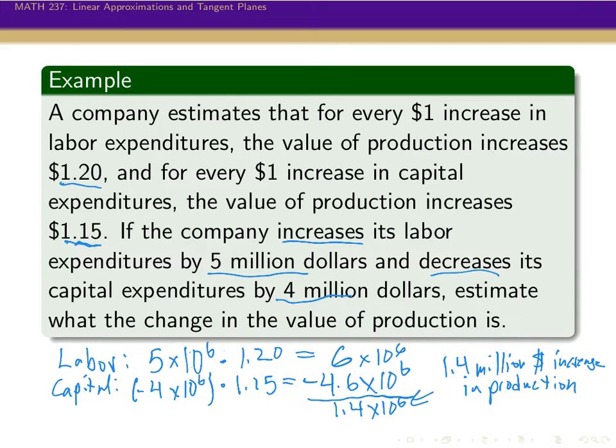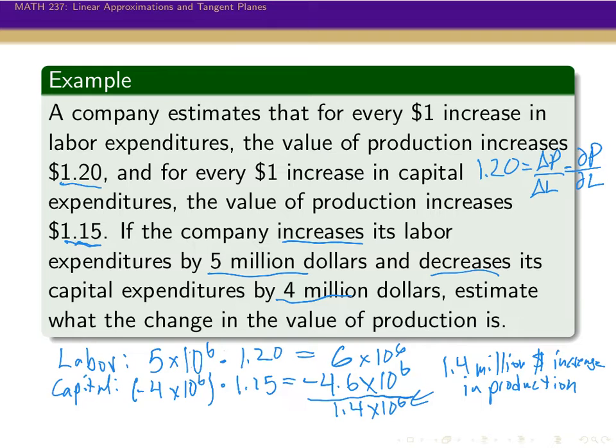So this is change in production per change in labor. And so this $1.20 we can think of as being change in production over change in labor. Or really, it's talking about a partial derivative of production per labor.